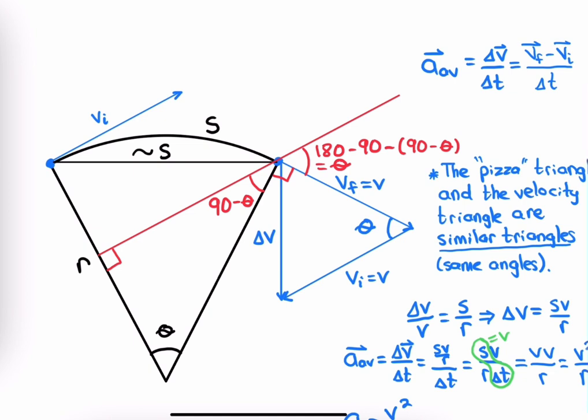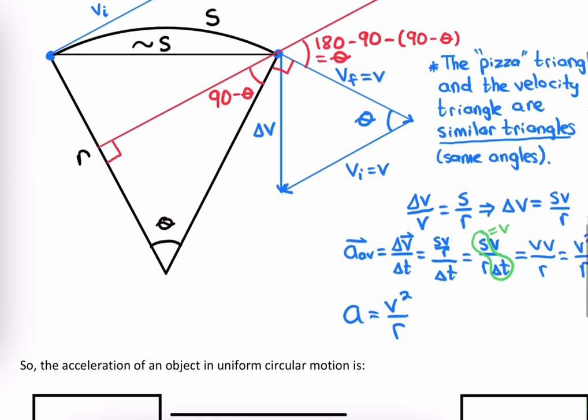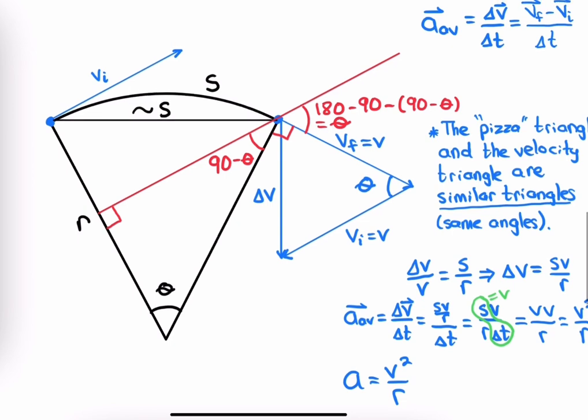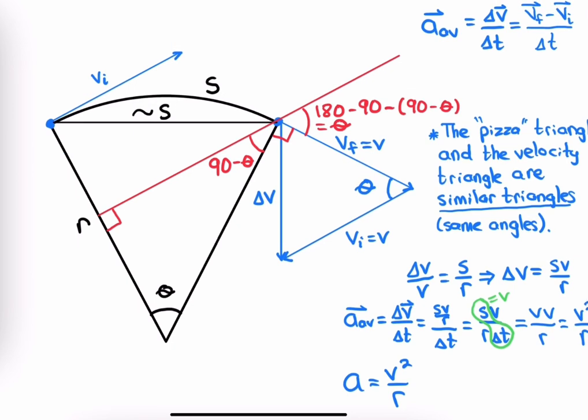Well, the direction of acceleration is the direction of the change in velocity. So if delta V is going straight down when I'm at the top of the circle, then acceleration has to be going straight down too. In other words, towards the center of the circle. So we mentioned this term before, but this is called a centripetal acceleration, or AC.